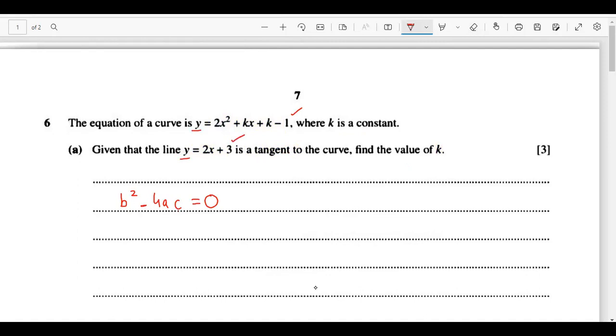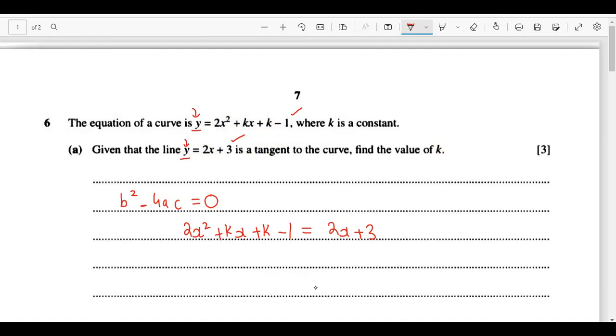So it becomes 2x squared plus kx plus k minus 1 equals 2x plus 3. I've equated the curve and the line because both of them are y equals something, so y is equal to y.